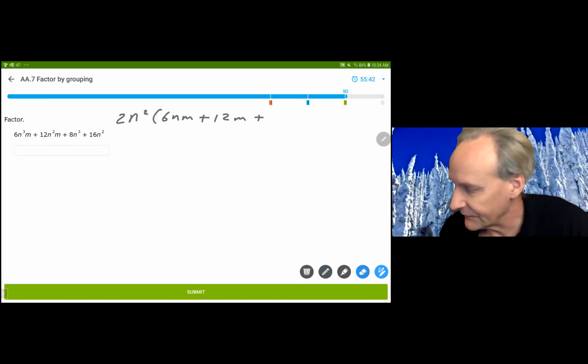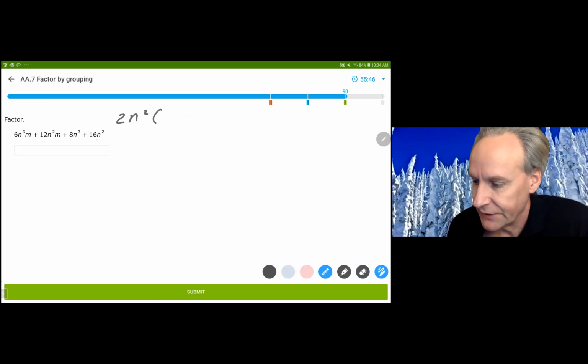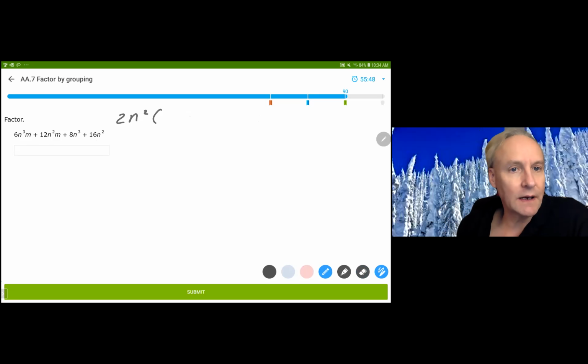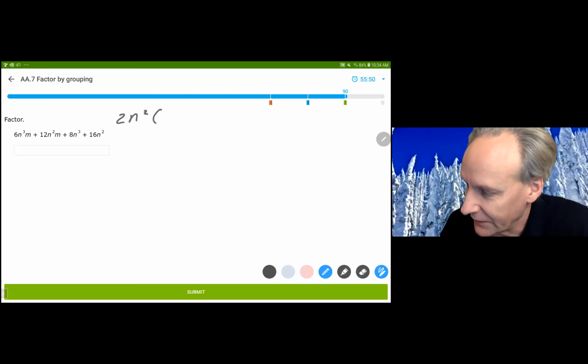Darn it. Have to start again. Sorry, guys. My bad. I should have noticed that there was a 2 as a common factor as well. So let's start again. That's going to leave me with a 3nm plus 6m plus 4n plus 6.